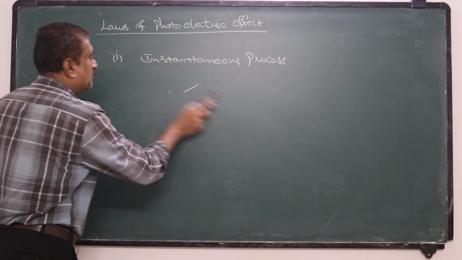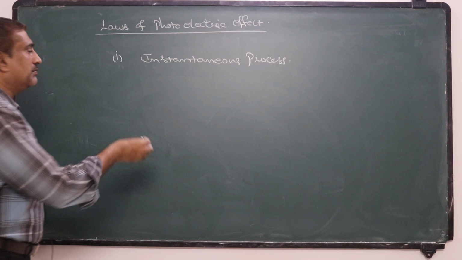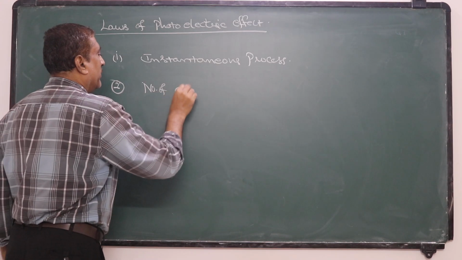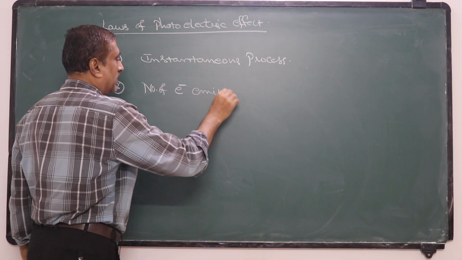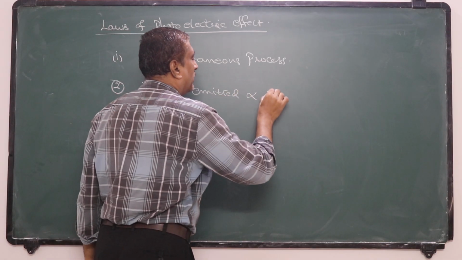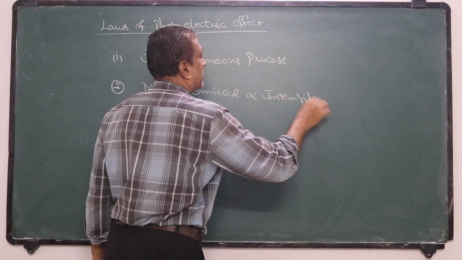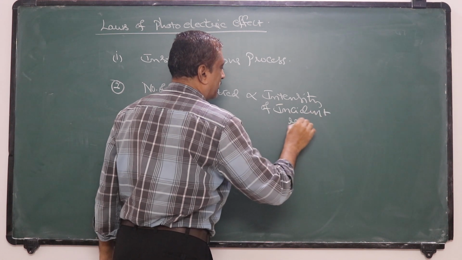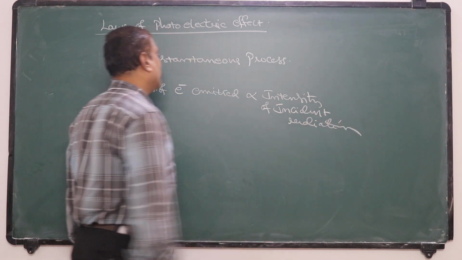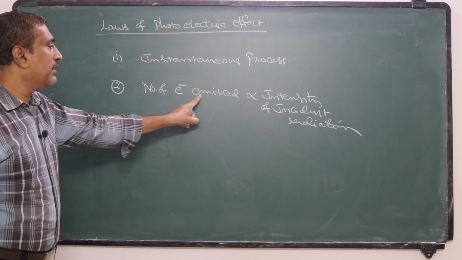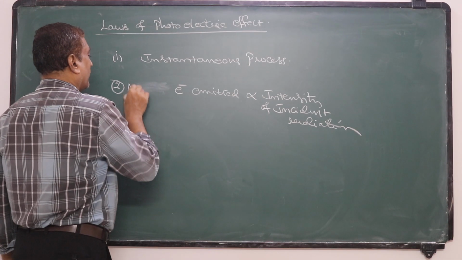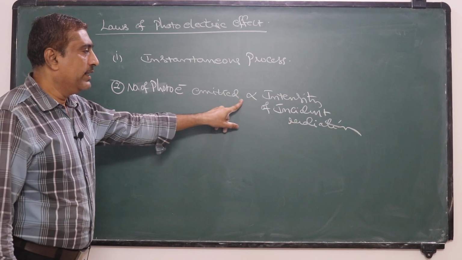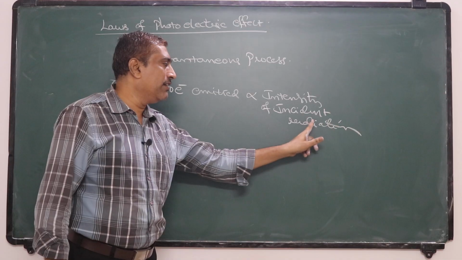Now the second law. The number of photoelectrons emitted is directly proportional to the intensity of incident radiation.